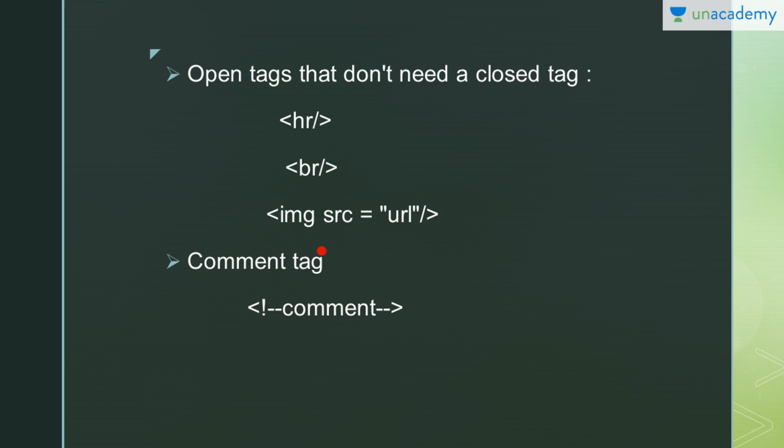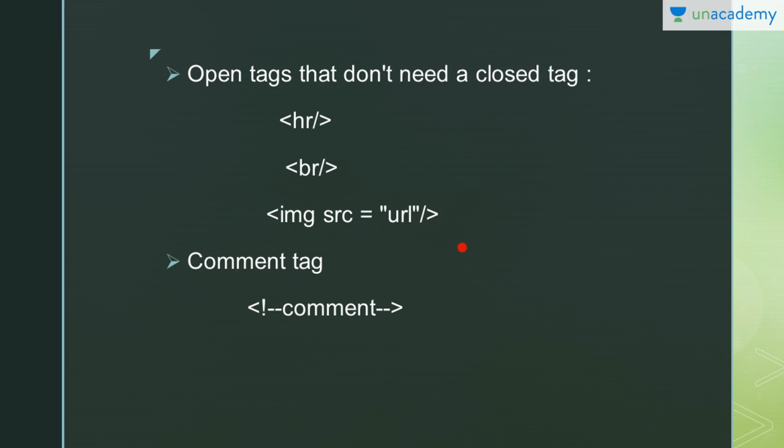Third tag is the image source tag. Here img means image, src means source, image source equals to url. In url you will be writing the name of the image. For example, if I have saved an image named cobble.jpg. jpg is the image format.